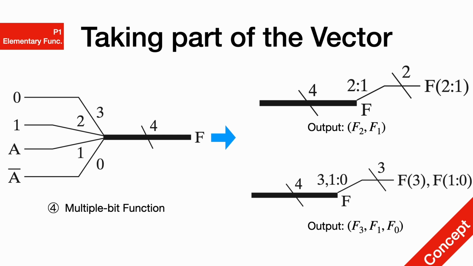On the bottom right-hand corner, we have selected a few different indices. We have selected indices 3 and then 1 all the way to 0. So this would provide us with a selection of values f sub 3, f sub 1, and f sub 0. Again, this is also denoted on the right-hand side as a 3-dimensional vector, or a bus with 3 distinct values in it.